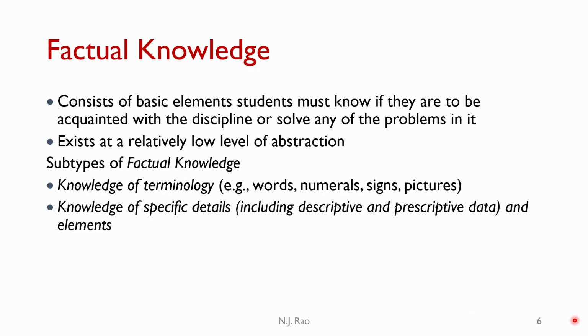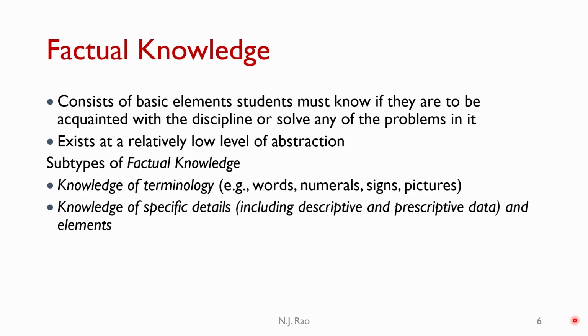Let us look at these 4 categories of knowledge. The first one is factual knowledge, which is fairly simple to understand. It consists of basic elements students must know if they are to be acquainted with the discipline or solve any of the problems in it.